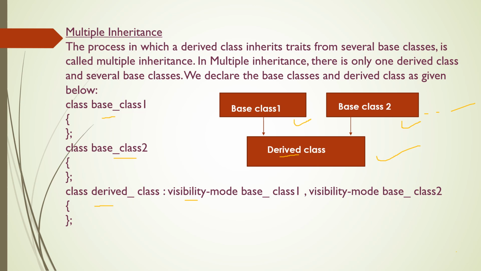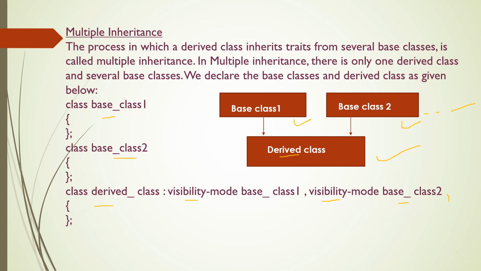Like first we write the access specifier, which can be public, private or protected, and then the base class name. And in the same way after another comma we can add more classes. In the derived class again we can keep its members.